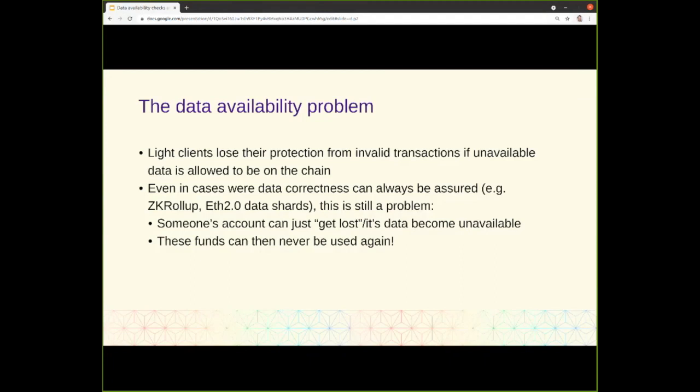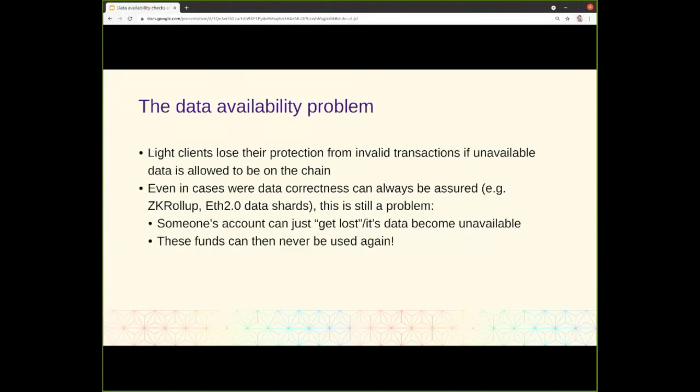But even if we know that data is always correct, so as an example, for ZK rollups, we always give a proof that all the data on the chain would always be correct. And in the case of ETH2 data shards, well, they only include data anyway. There's no validity condition.